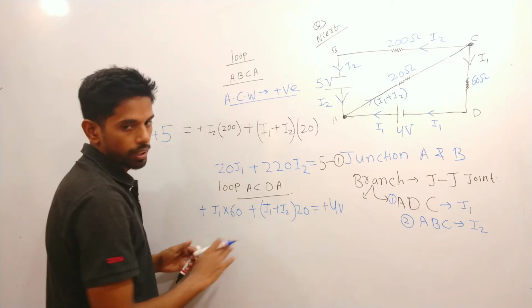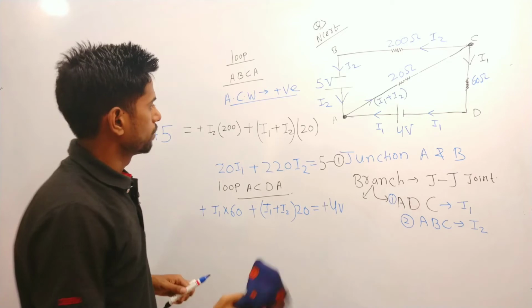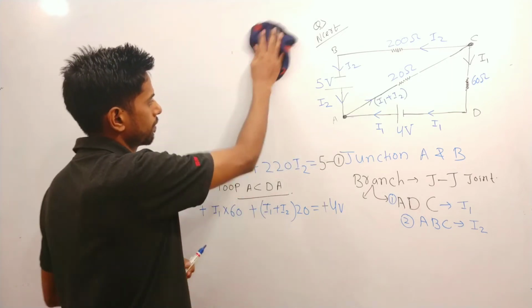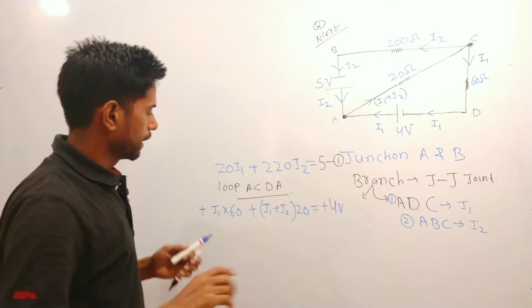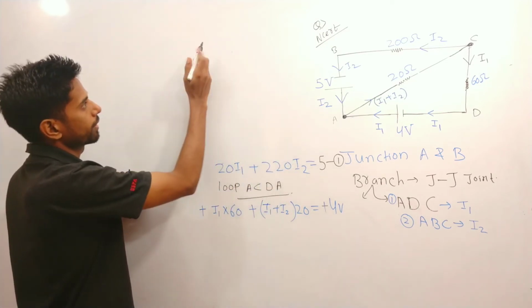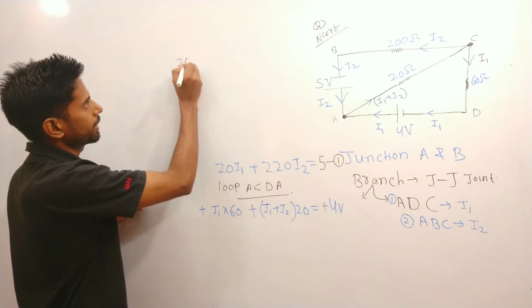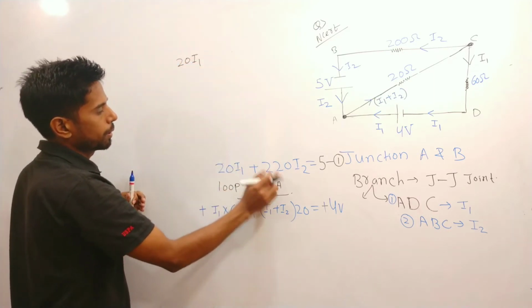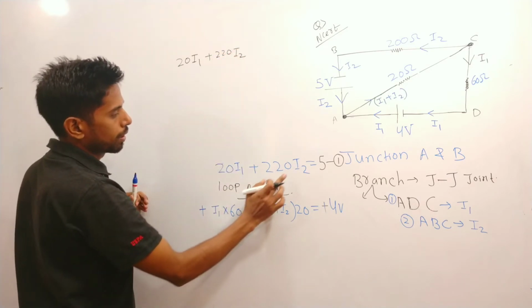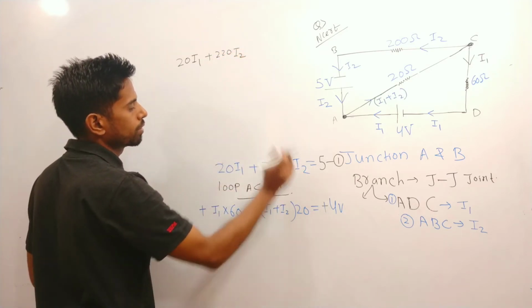Now if you solve this, you will get another equation. The first equation is this, I will write here: 20 I1 plus 220 I2 is equal to 5.